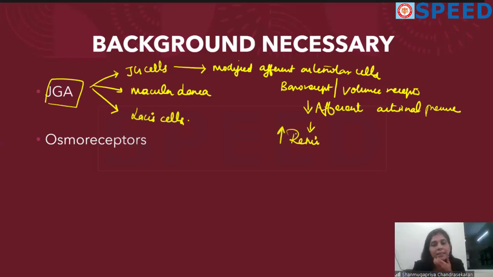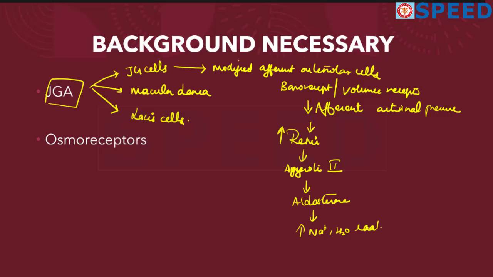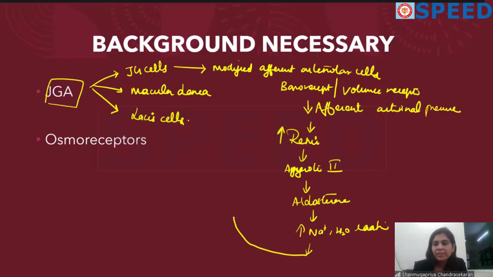This renin helps in the formation of angiotensin 2, and angiotensin 2 causes aldosterone secretion. Aldosterone causes an increase in sodium and water reabsorption. This will have a counteractive effect, in the sense the afferent arteriolar pressure will become normal now.